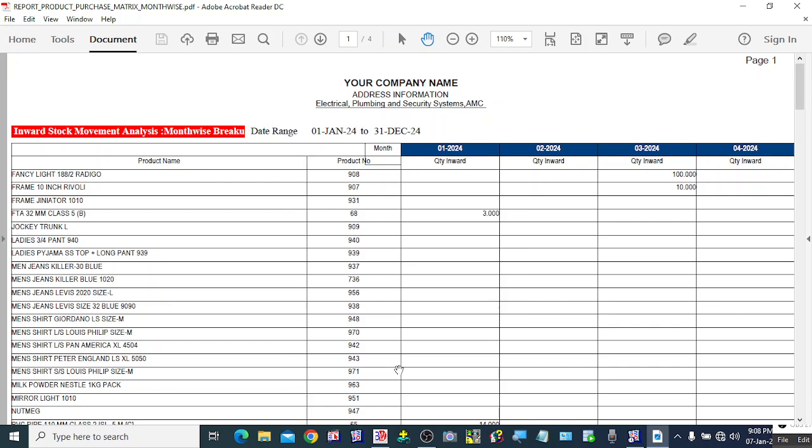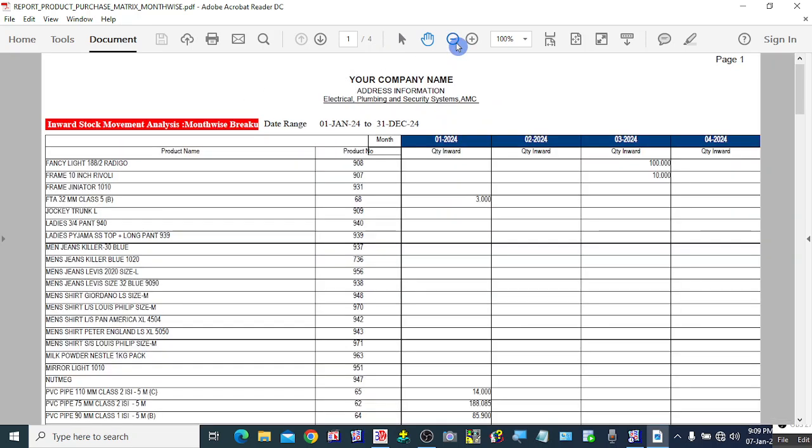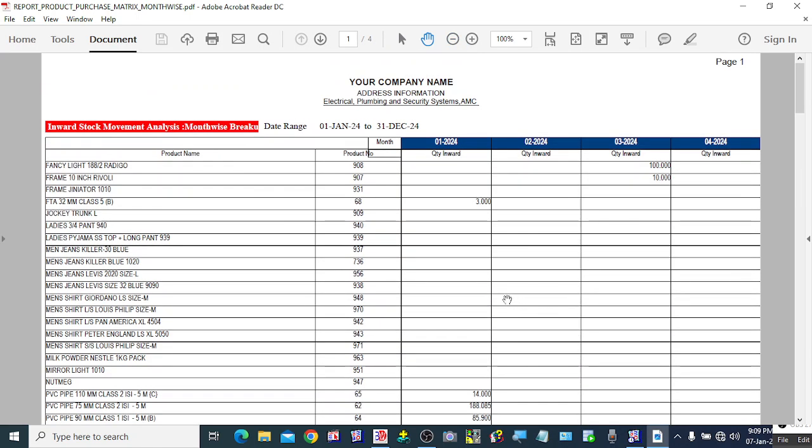In which month you have purchased more, in which month you have purchased a little, or in which month you haven't purchased a single quantity of the product, you can very easily identify. Or by looking at this report, we can identify what products we have purchased in a specific month.